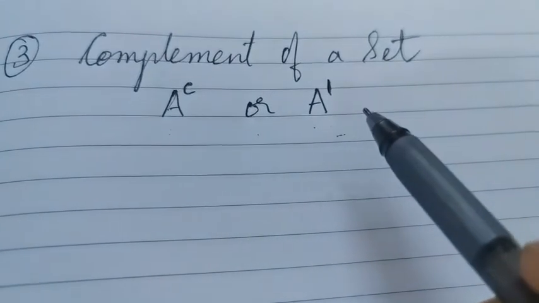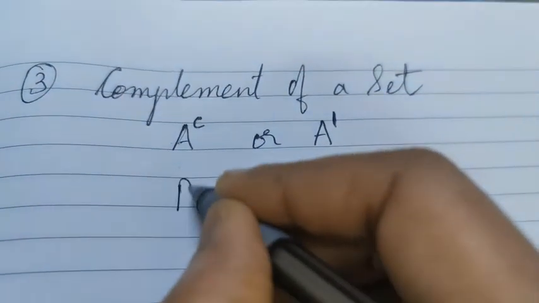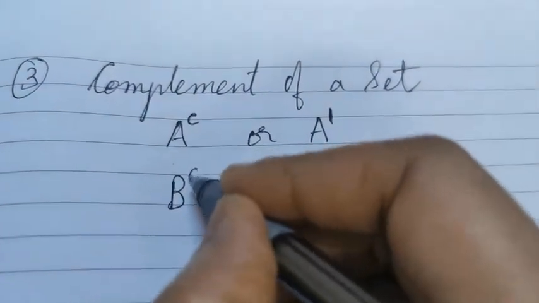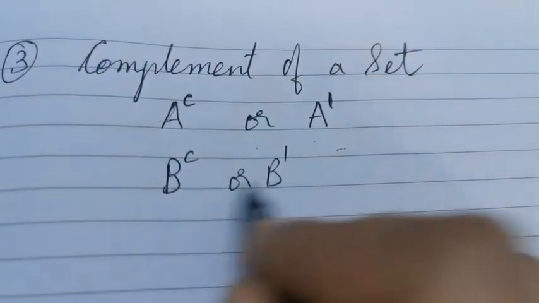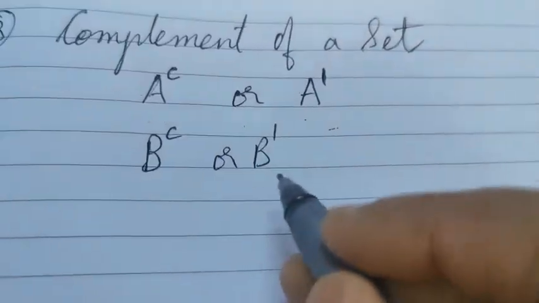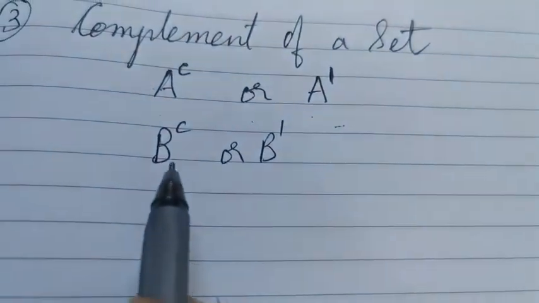So this is how you will represent complement of a set. If you are going to represent complement of a set B, this A will be replaced by B. So this is B complement. In any one way we can represent complement of a set.